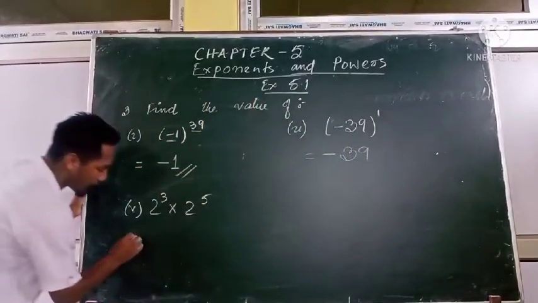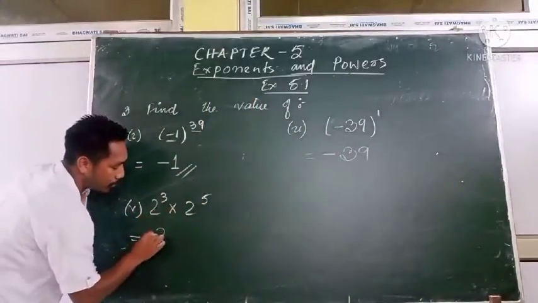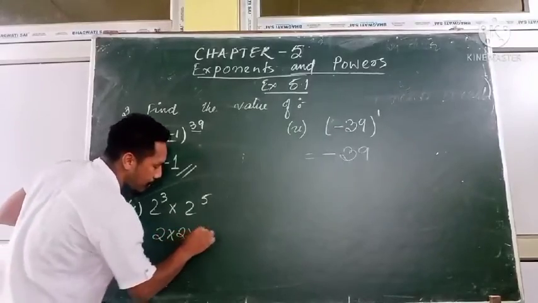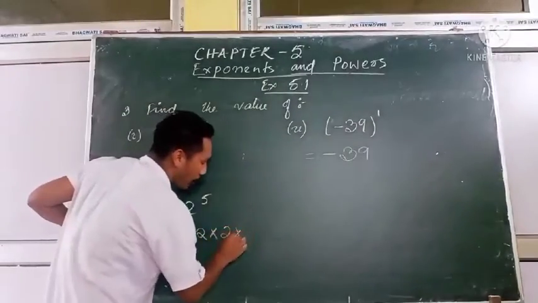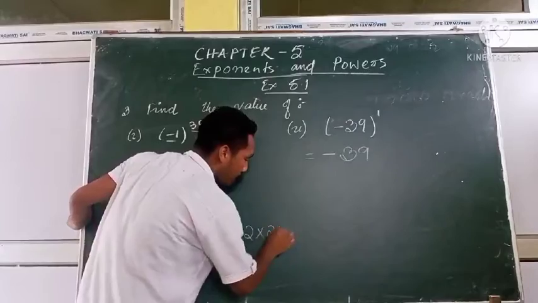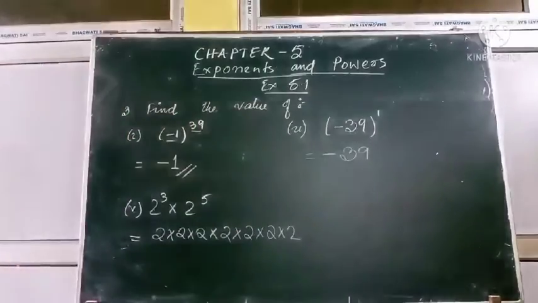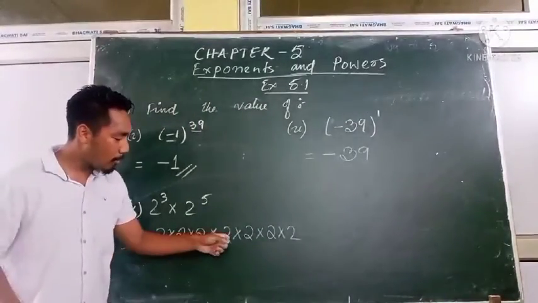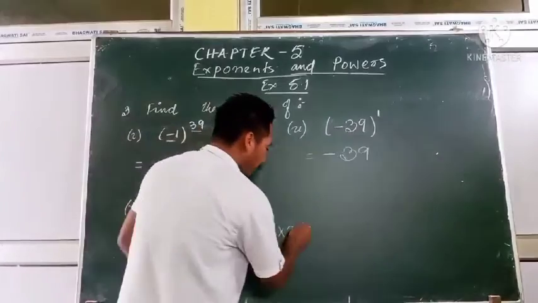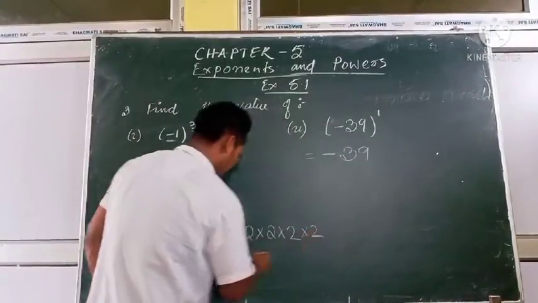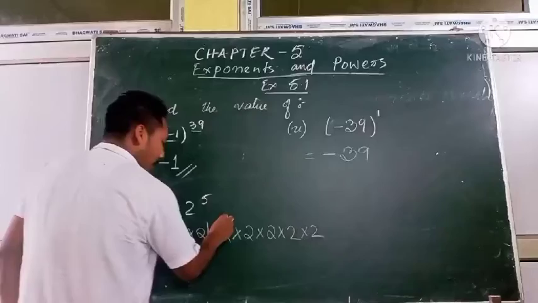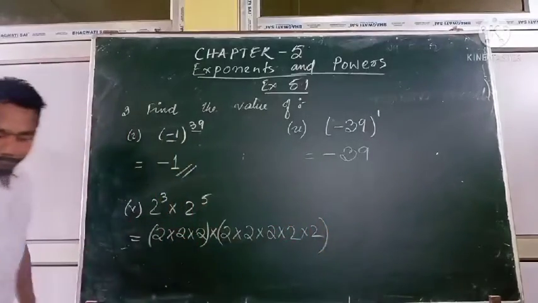Now when you talk about this one, 2 to the power 3 means you have to multiply 2 three times, and 2 to the power 5 means you have to multiply 2 five times. 1, 2, 3, 1, 2, 3, 4, again one more 2, that is 5. So this is for this one, and the other is for that one.